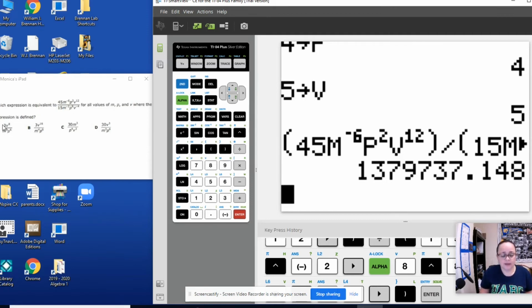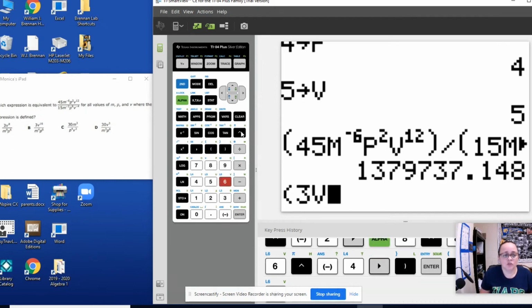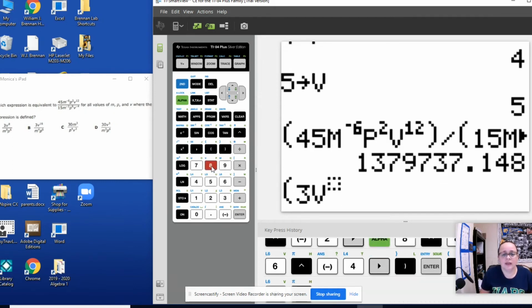We have 3v to the 16 over 3v to the 8 over m to the 8th, p to the 6. So we're going to start with open parentheses and type my whole numerator. 3 alpha v to the 8th power. Get out, close it.